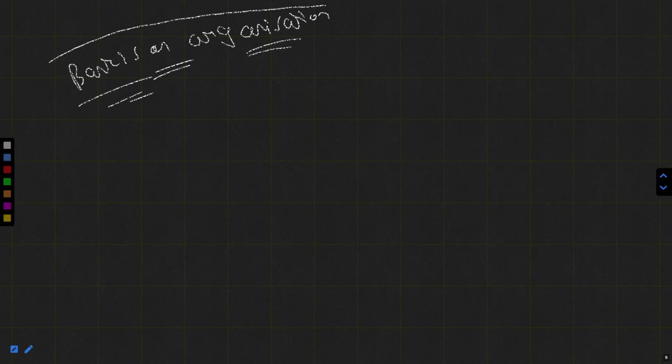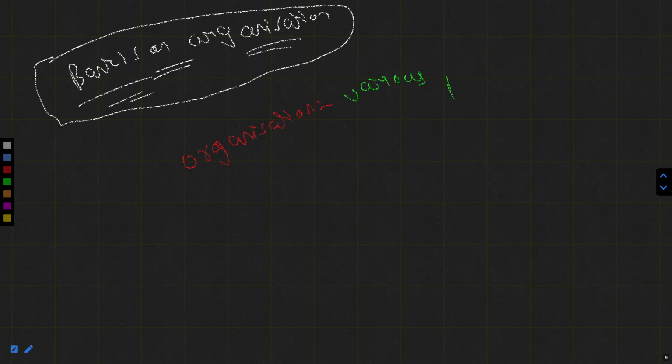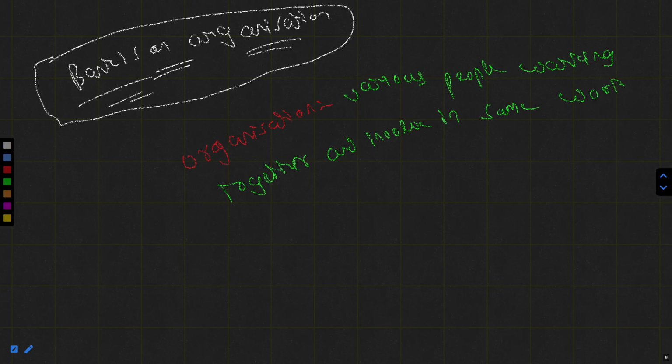The word organization basically means various people working together and involving some work to achieve common goals.